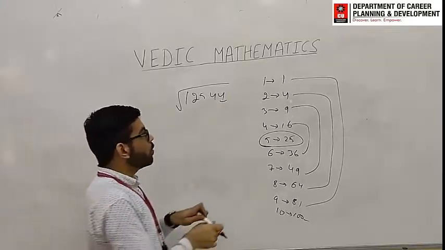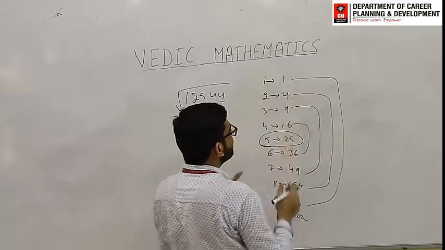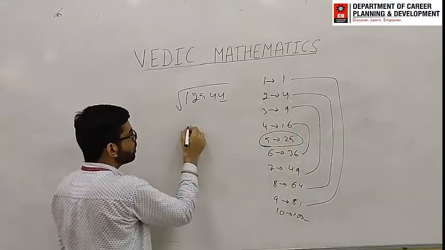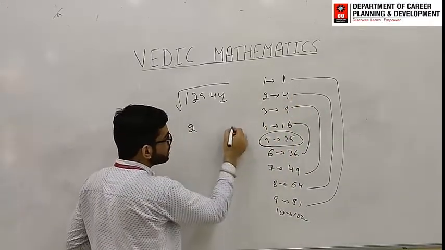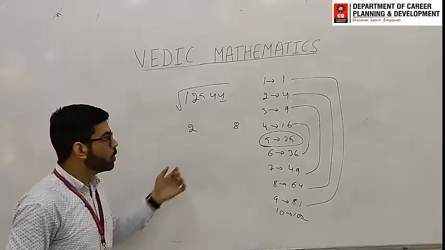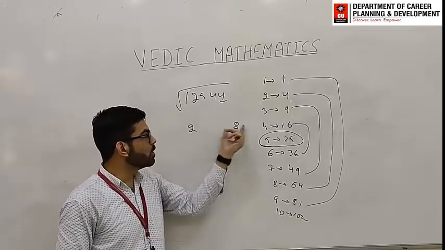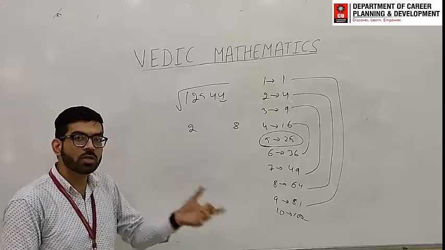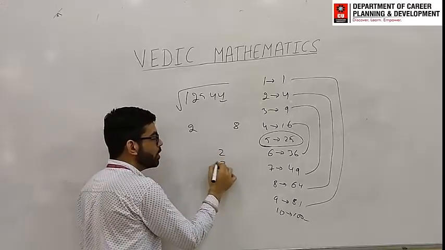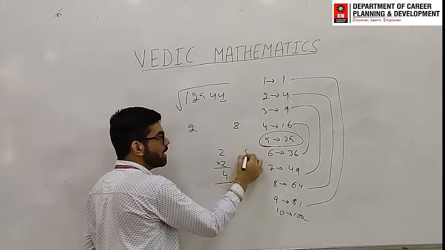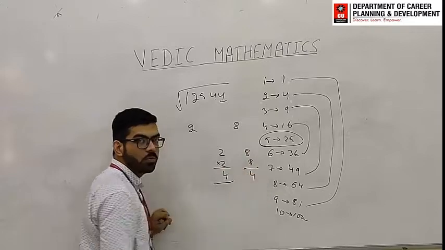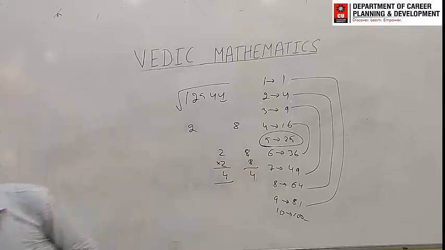Whose squares end with 4? There are two numbers, 2 and 8. Because either the last digit could be 2 or it could be 8. As you already know, 2 into 2 gives last digit 4, and 8 into 8 gives last digit 4. So either it could be 2 or it could be 8.